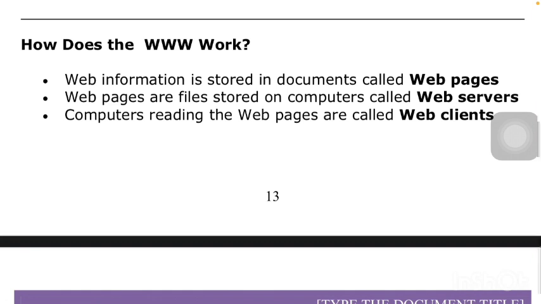Web information is stored in documents called web pages. The web pages are files stored in computers called web servers. So the servers are the ones that keep the web pages, and the web pages are the ones that keep the web documents, the web information. Computers accessing the web pages are called web clients.